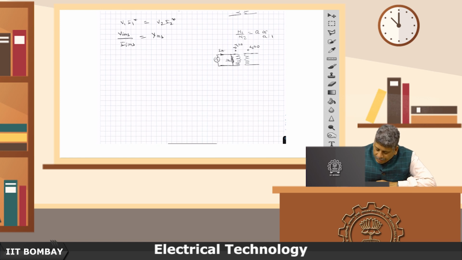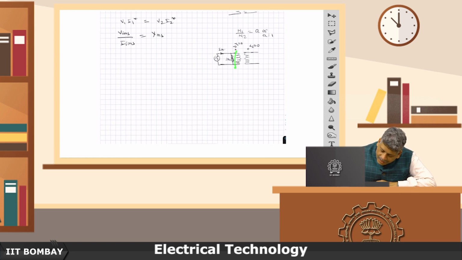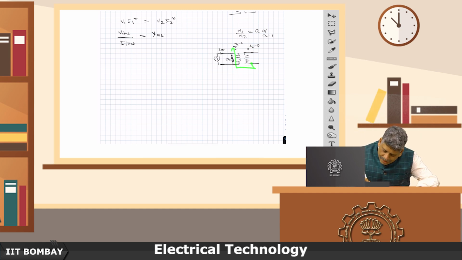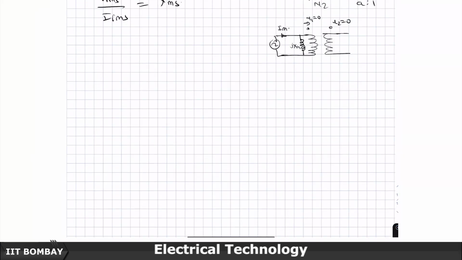And then I am just showing here that after that, in the approximations that we are building up, comes the ideal transformer.